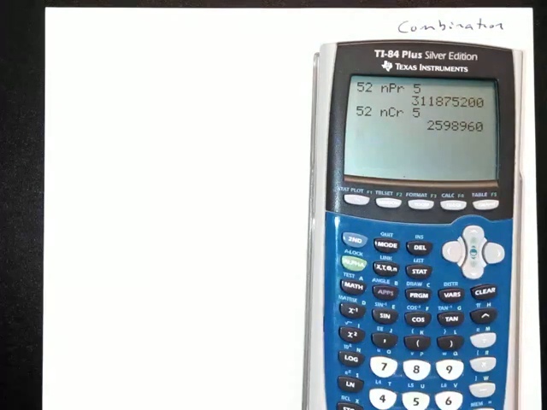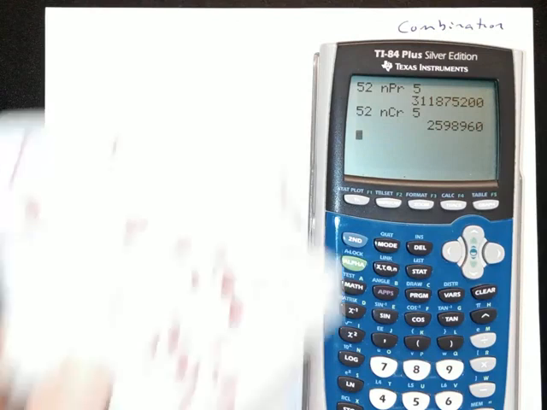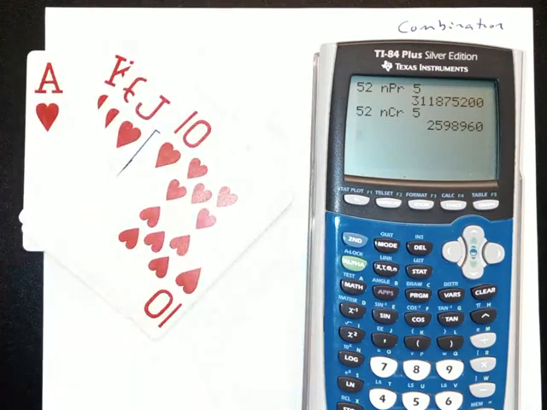So, a question: how many royal flushes are possible? There's one. Just 4, right? They're either all hearts, or all spades, or all clubs, or all diamonds.